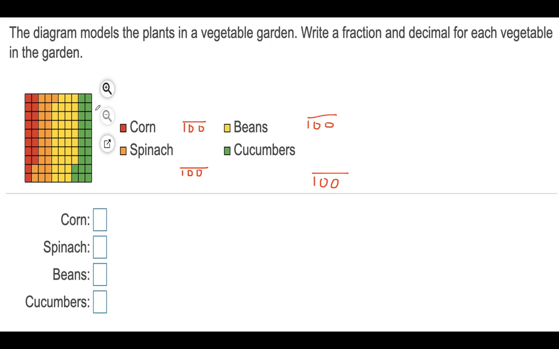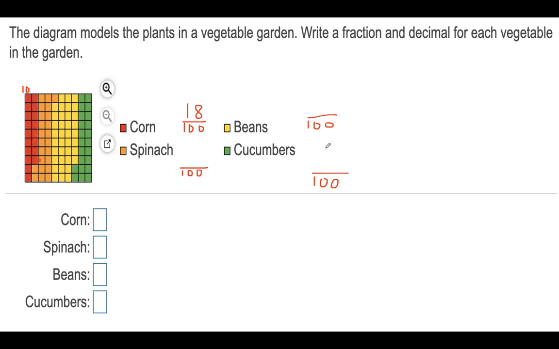Okay? So now, out of the 100, how much is corn? Well, I know one column is 10. And then I have 1, 2, 3, 4, it's hard to see the red, 5, 6, 7, 8. So I know that 10 plus 8 equals 18.